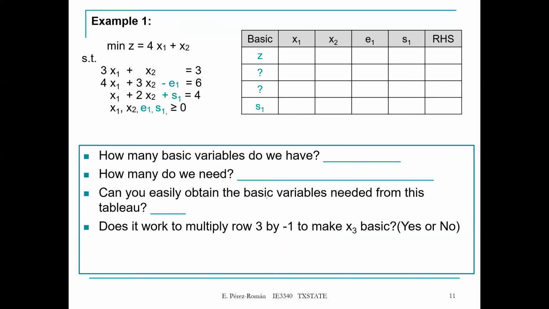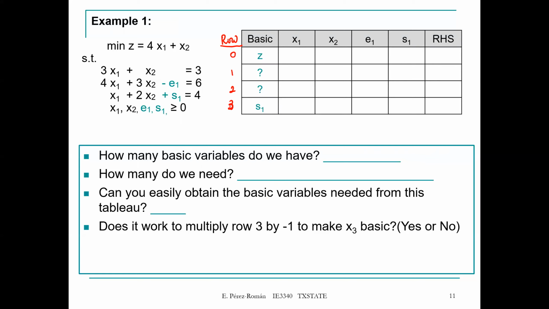So we set up the initial tableau for this problem. We are going to have the following. This is row 0, and this is row 1, 2, and 3.